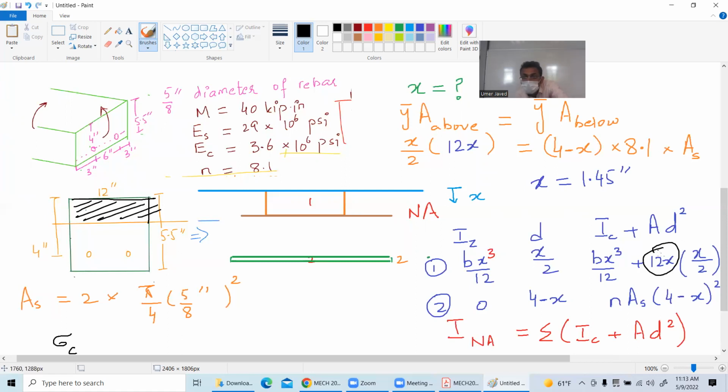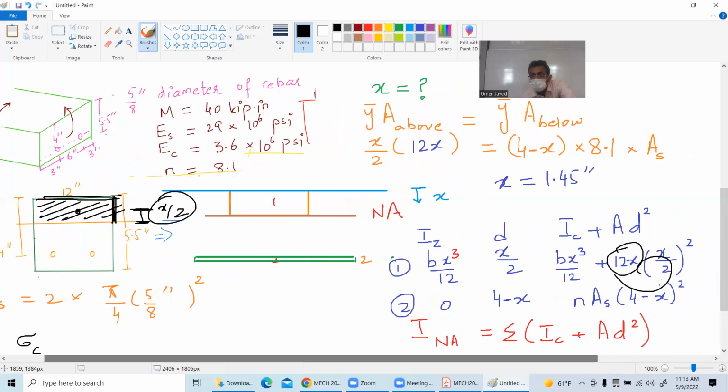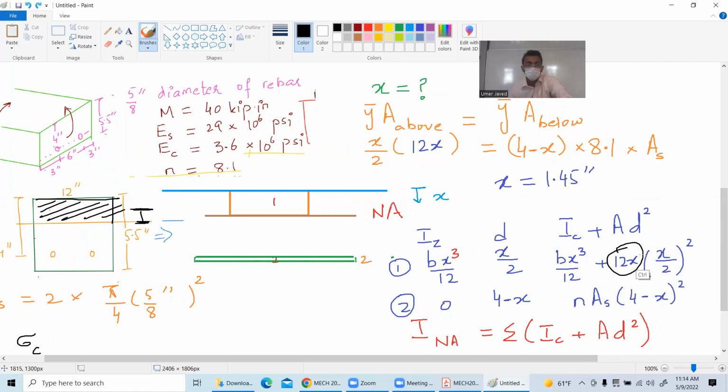So that is this 12x multiplied by x by 2, because this is my neutral axis line and the distance to the centroid of this section is x by 2. So 12 multiplied by x multiplied by x by 2. Sorry, x by 2 squared, because there is a d square. So 12x multiplied by (x by 2) squared. Okay, yeah, it can be confusing. So just revise it, okay?